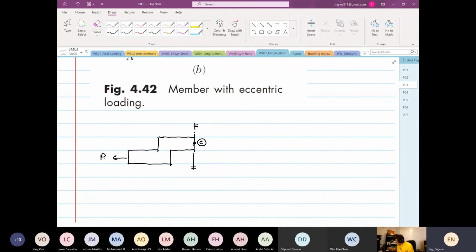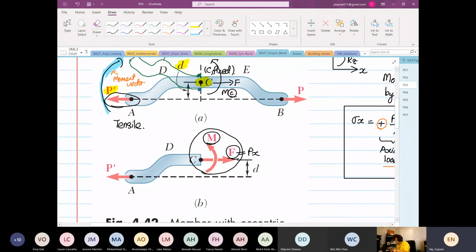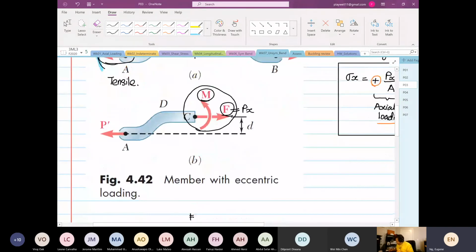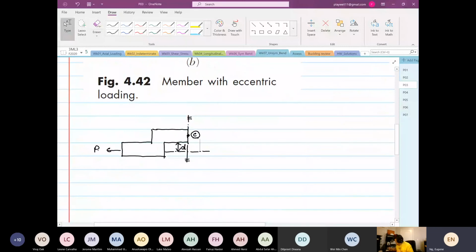And then the distance from P, I'm going to do something different now. The distance from here to here is D. You see where D touches, the D over here and the D up here are not the same. The D over here goes up to the centroid. So my D is over there.